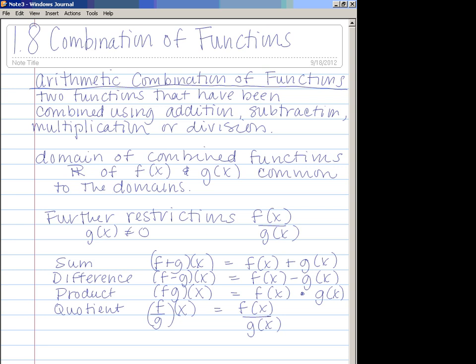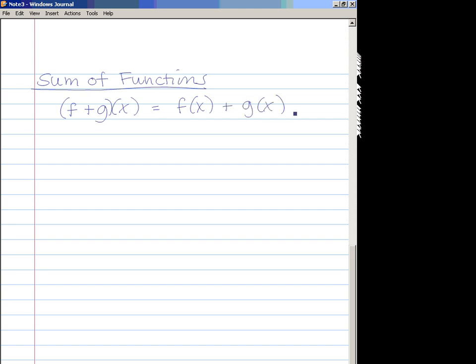Alright, so we're going to start on sum of functions. Remember, sum is addition. So if we're given f plus g of x, that can be rewritten as f of x plus g of x.